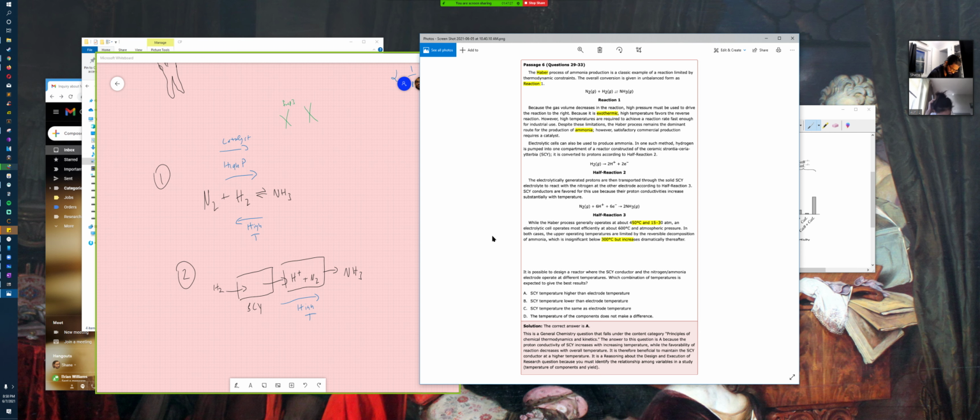I guess I was very confused about what electrode they were talking about, because it doesn't say electrodes. So why are they comparing SCY temperature with the electrode temperature? Wait, let me just finish this. Oh, both cases, yes.